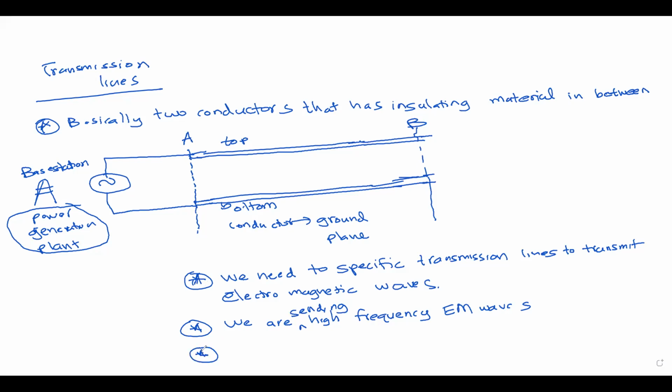The wave frequency could be in a range where the wavelengths we consider in the EM wave could be very similar to the physical dimensions of the circuits or the transmission line.